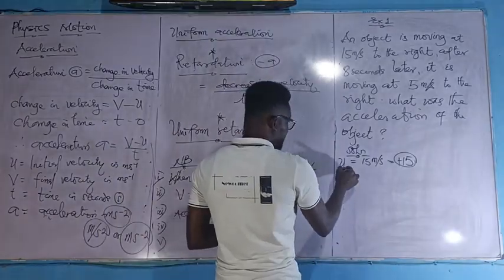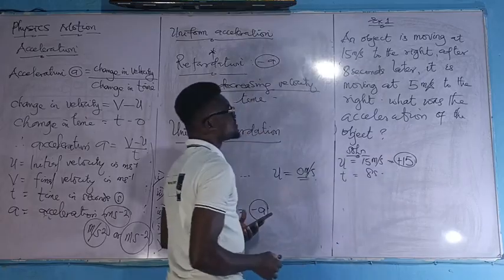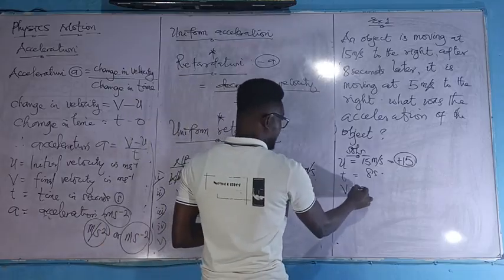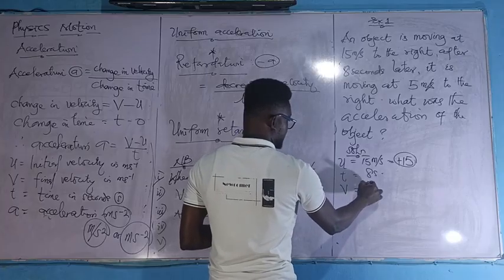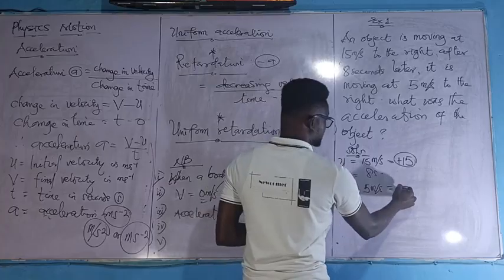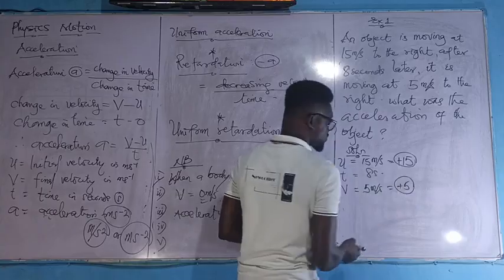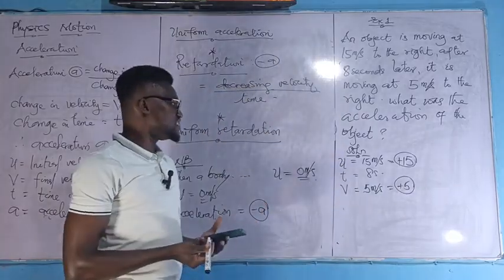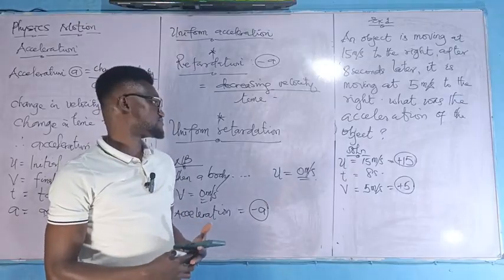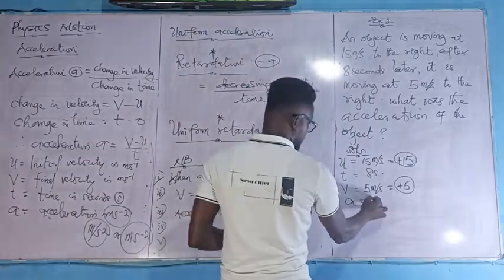Then after 8 seconds, that's the time interval, it is moving at 5 meters per second, in that same direction. So plus shows the same direction. If of different direction, then it will now be minus. Then what was the acceleration?